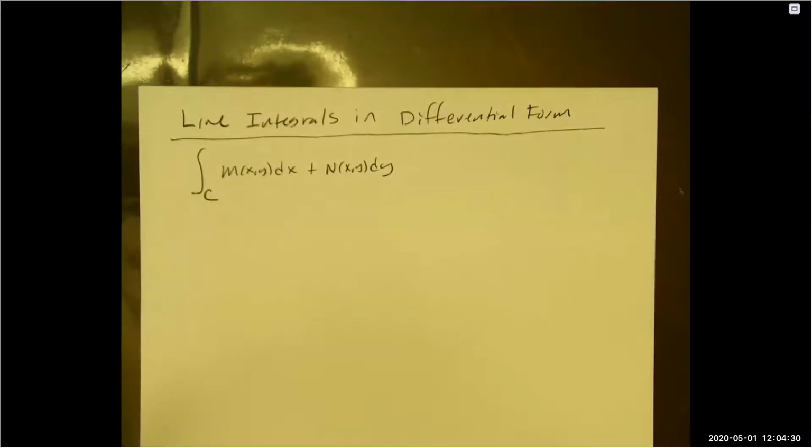But actually, we can rewrite this in the regular form for a line integral of a vector field. And you can go back and forth interchangeably, just like how we have different notations for vectors. We can use the i, j, and k, or we can just use the regular component form. So let's see how this works.